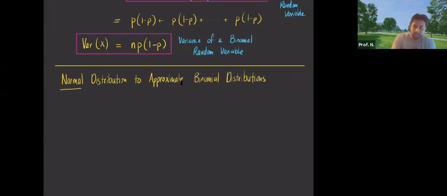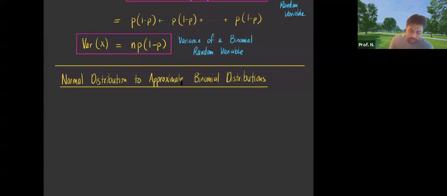So that's the idea. Now that we know the variance of a binomial, we also know the standard deviation. Remember, standard deviation is the square root of a variance. So we're going to be standardizing, quote unquote. I don't know what's the best word for that, but we're going to standardize the binomial distributions using the normal distribution.